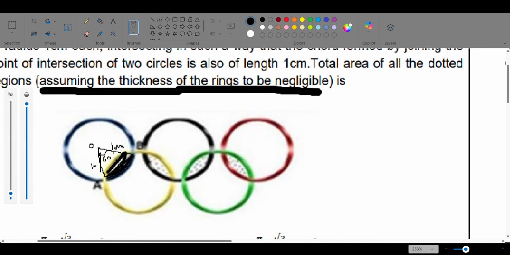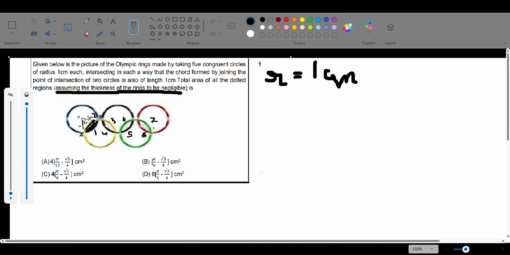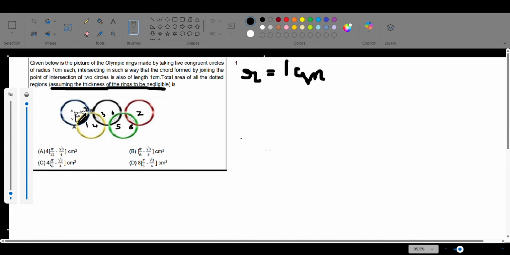So the total segments are 1, 2, 3, 4, 5, 6, 7, and 8. We have a total of 8 segments. So you're supposed to find the area of one segment and multiply by 8.